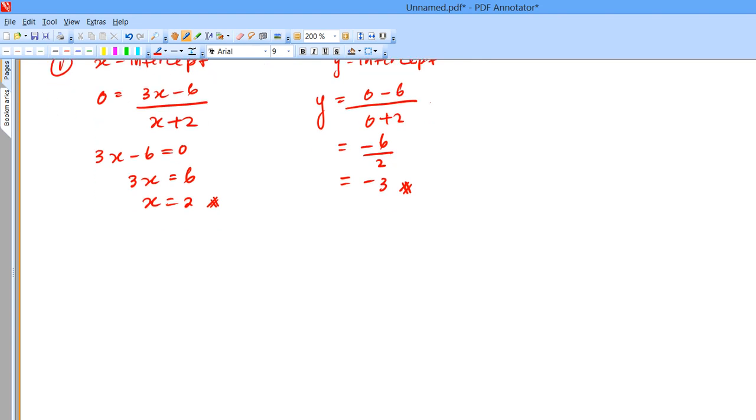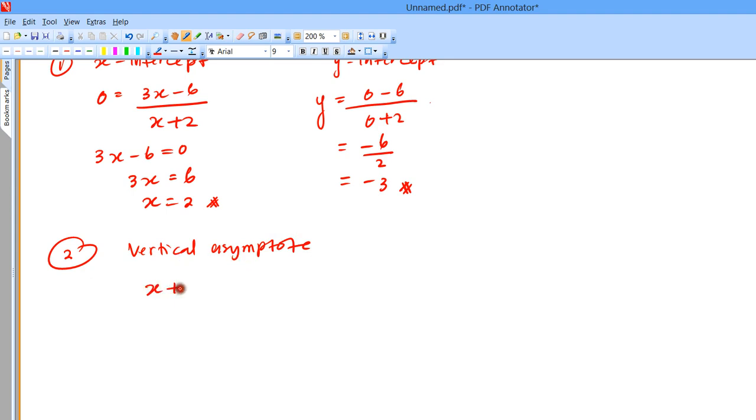Okay, number 2, we want to find vertical and horizontal asymptote and its analysis. So vertical asymptote is based on the function's denominator. So in the denominator we have x plus 2.